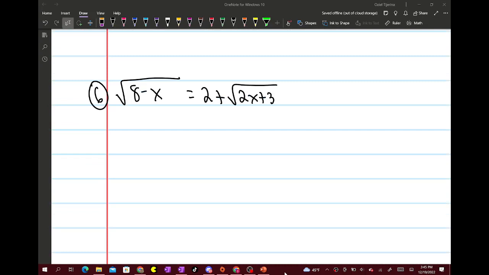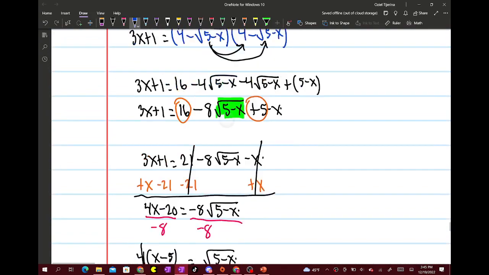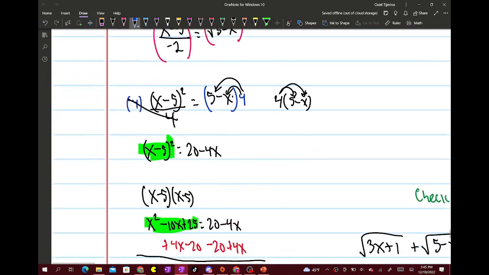Okay, so this is number 6. So this one is a little hard. This is the second challenging problem of this video. So you're basically going to do the same thing. Since one square root is on the other side, just like we did over here when we put one square root on the other side, we're just going to square it.